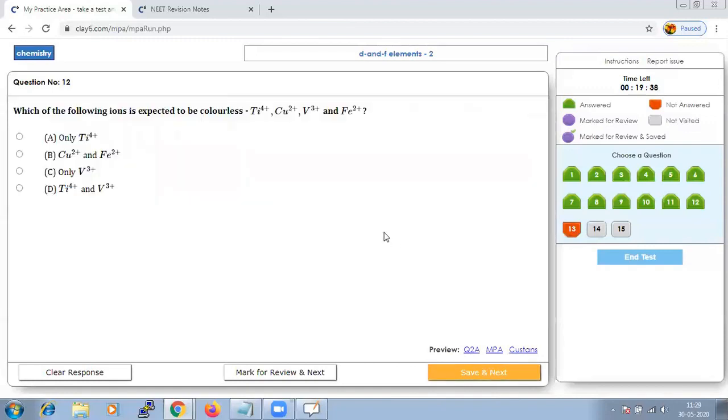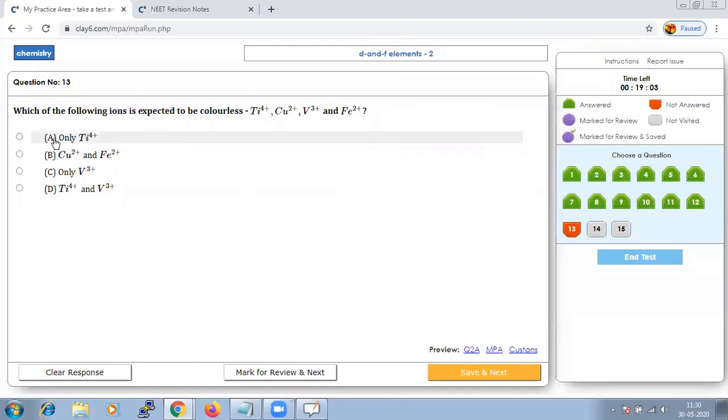Which of the following ions is expected to be colorless? As we discussed, we are talking about color. If we find the electronic configuration of each ion and it has no unpaired electrons, then it will be colorless. Ti4+ has a 3d0 electronic configuration, hence it does not have any unpaired electrons and is colorless.